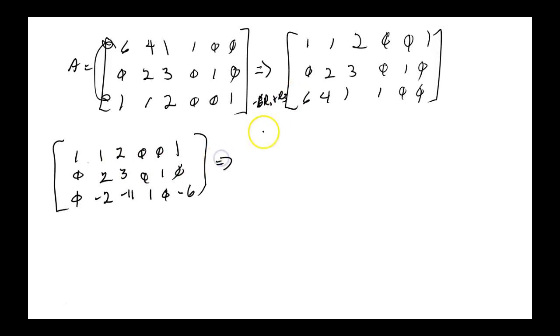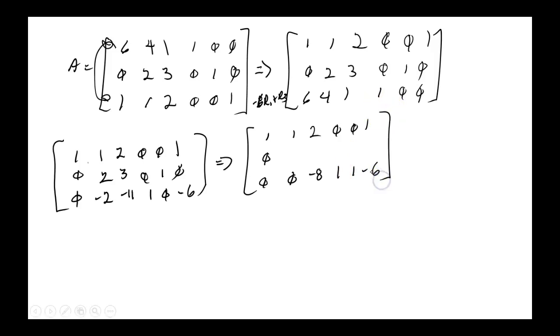So that is going to produce 1, 1, 2, 0, 0, 1. I'm going to hold off on that for a minute and do 0, 0, negative 8, 1, 1, negative 6. Okay, now I'm going to divide row 2 by 2. So it'll be a 1, 3 halves, 0, 1 half, and 0.